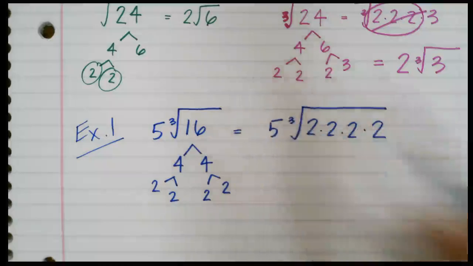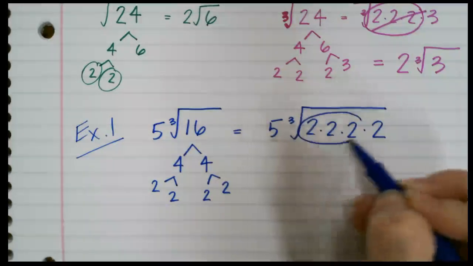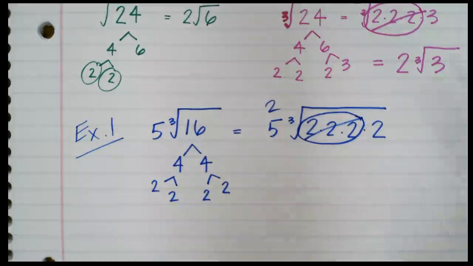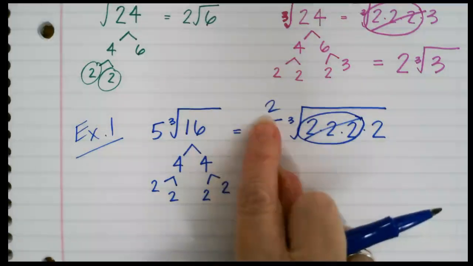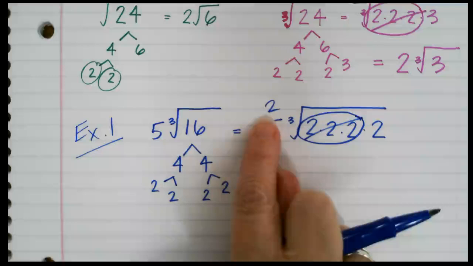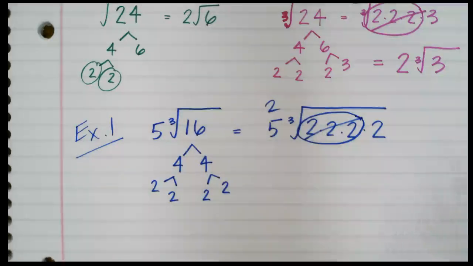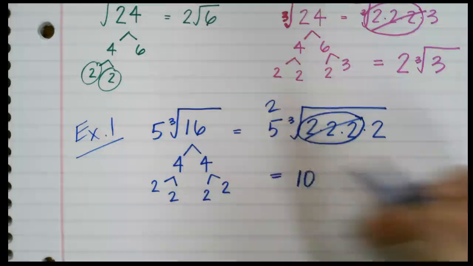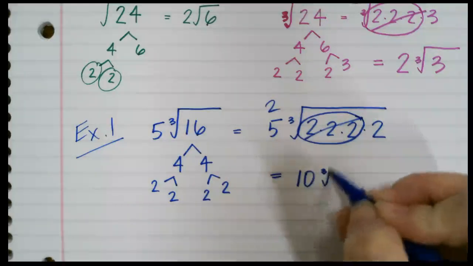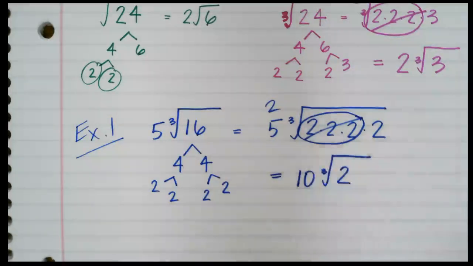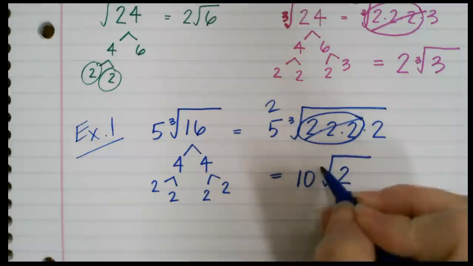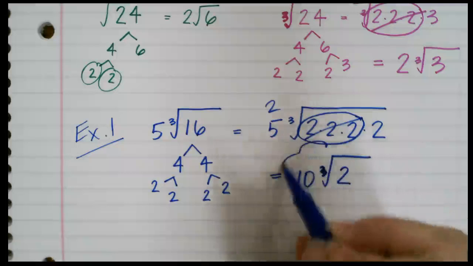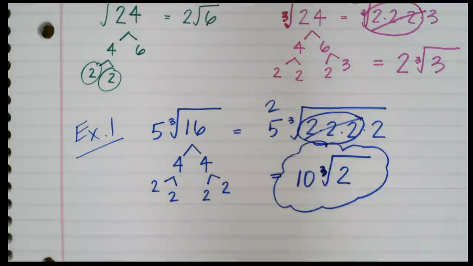Since I'm doing the cube root now, I need a group of 3. So I can bring out a 2 because this tells me that I had a group of 3 2s inside the radical sign. So now on the outside we have 10, but left inside we have the cube root of 2, and this one is so small on the video I don't think you can tell, but that's a 3. So that's going to be my solution right there.